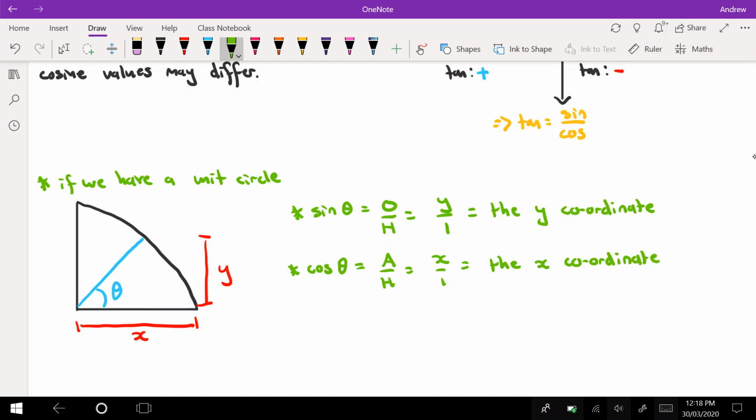And now an important thing that we probably remember, and I'll put this in my galaxy to remember this for later, okay? The sine of an angle A is equal to the sine of 180 take A. And the cosine of A is equal to negative cosine of 180 take A. So let's say, for example, A is 40.